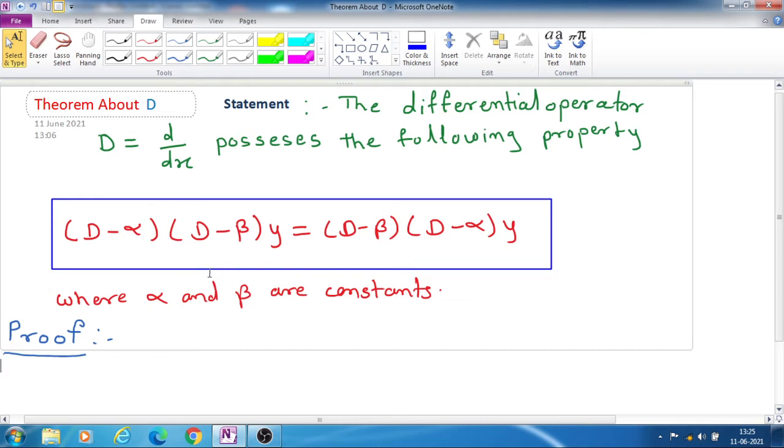So we have to show that these two values are equal. Here alpha and beta are any constants. You can write C1, C2 also, any constant. So we have to prove that this LHS is equal to RHS.